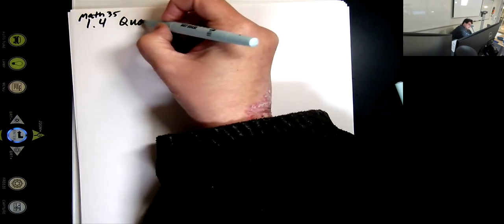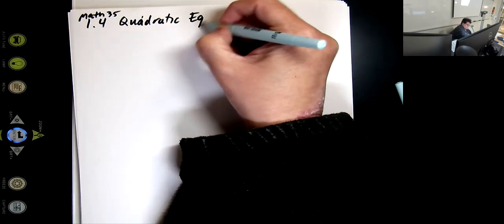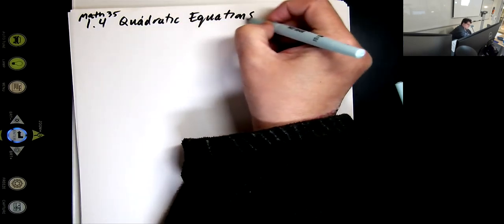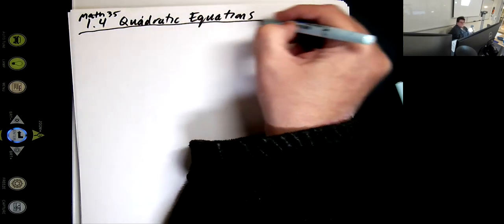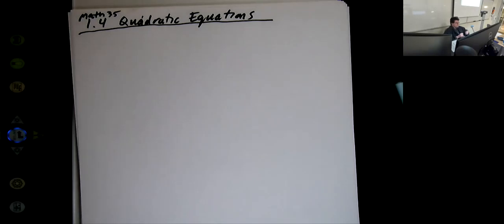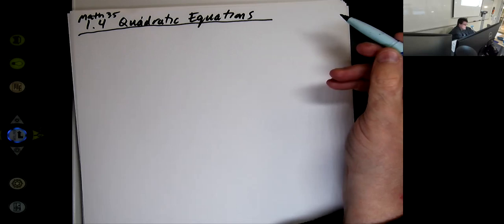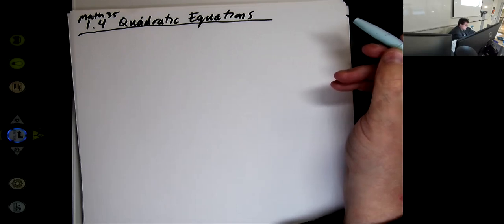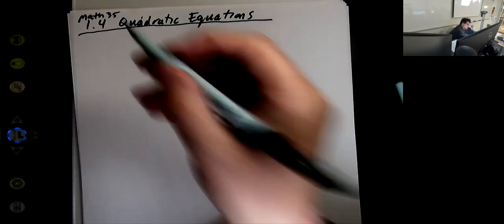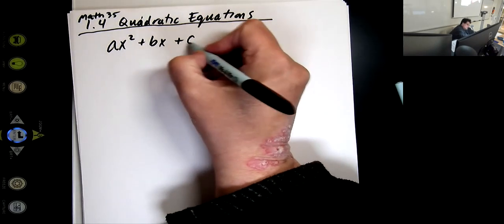Quadratic equations. Quadratic equations come of the form ax squared plus Bx plus c equals 0.